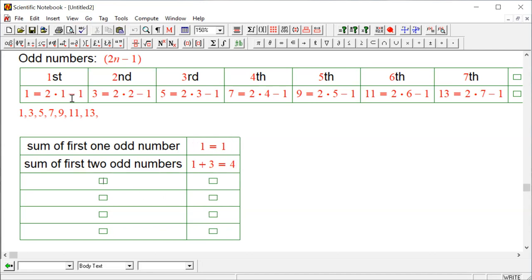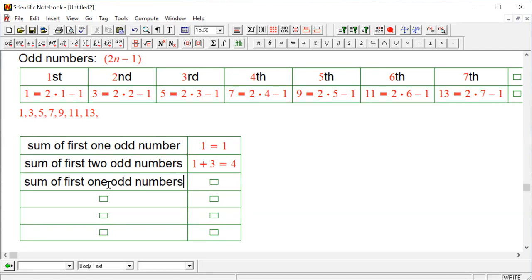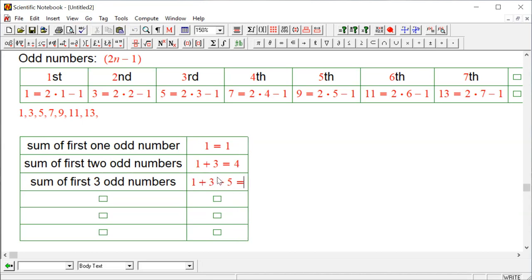Okay, and then we continue to observe the sum of the first 3 odd numbers. And that's going to be 1 plus 3 plus 5. And that's going to be 9.